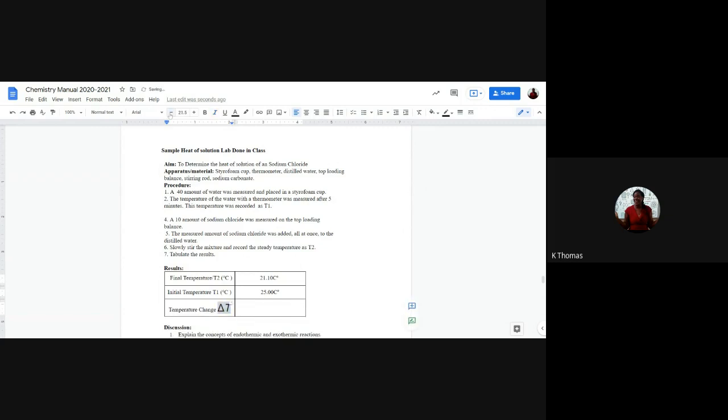Delta T equal to 25.00 minus 21.10 degrees. So I have a temperature change of 3.9 degrees Celsius.